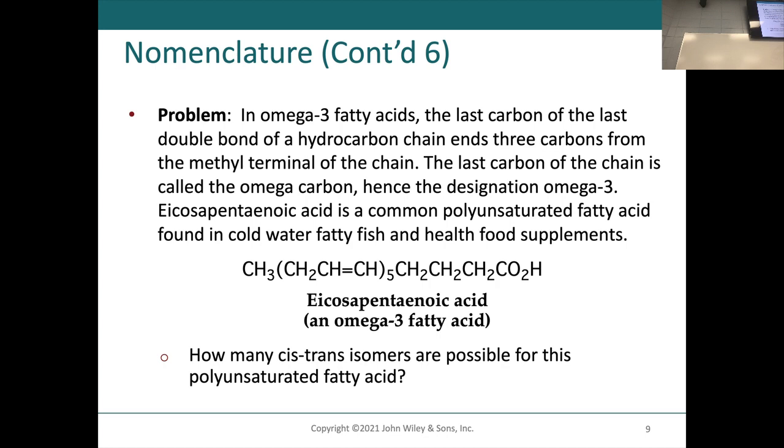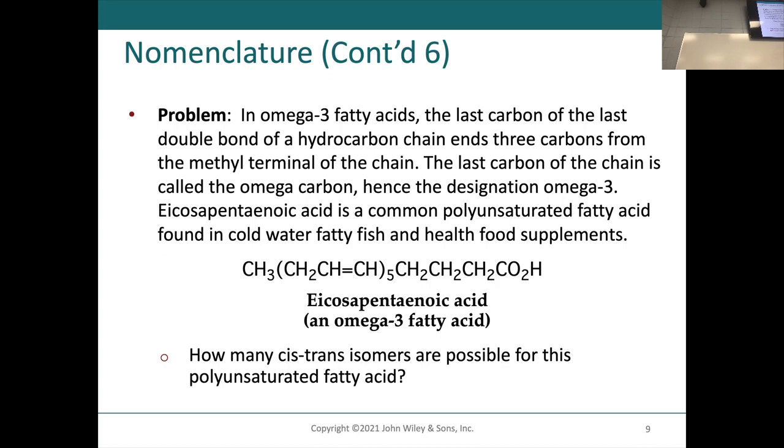What are you thinking? 64. 64 what? Cis-trans isomers. Okay, how are you coming up with that number? Well, cis-trans is only two options, so there's six carbon-carbon bonds which would allow that.